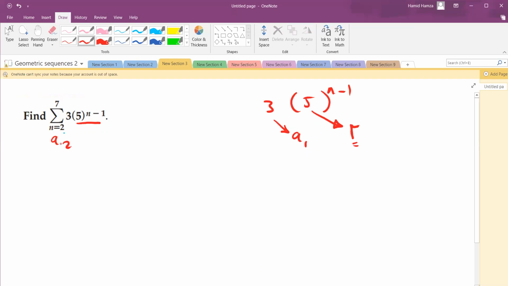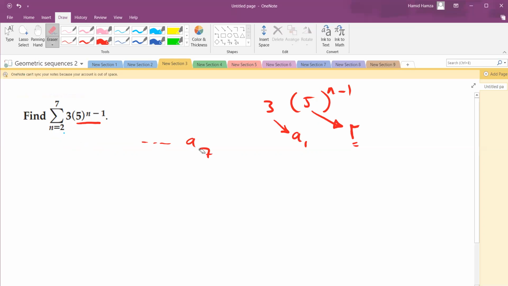That means the first term of the series will be A2. So we want to add A2 plus A3 and so on, to A7.